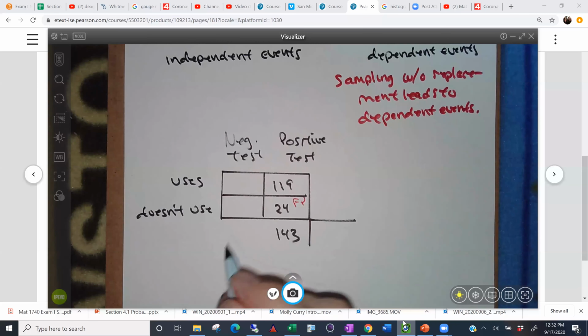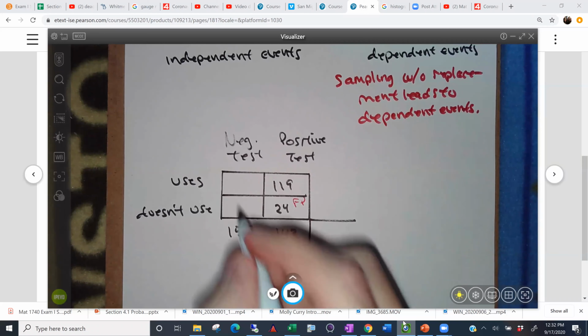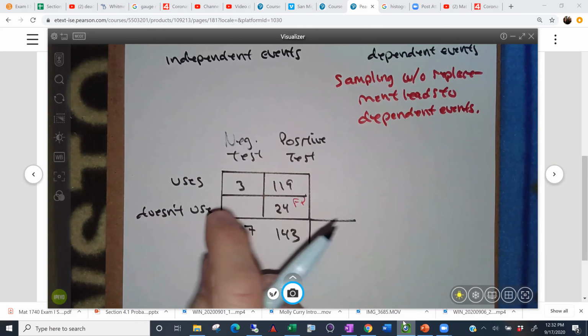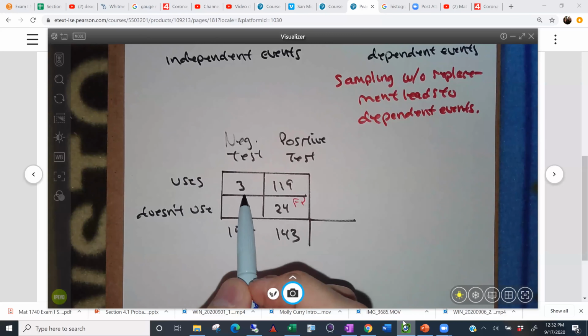Now, flipping things over, there were 157 who had a negative test, and of those, there were 3 false negatives. So where does that 3 go? Up top or down below? Up top. Good. False negative means that you use it, but the test says you don't use it.